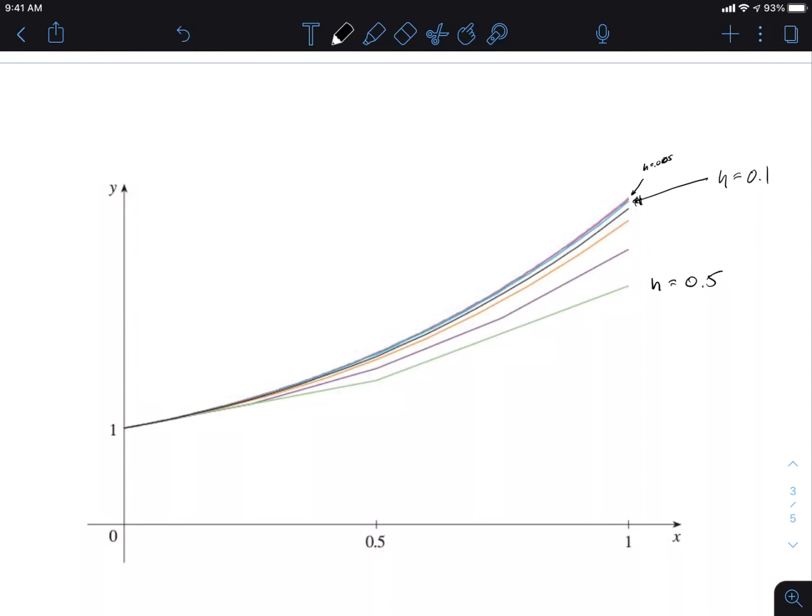Correct. So the smaller the step size, the better Euler's method will be at giving us approximate values that are very close to the actual function's values. So we can use Euler's method for approximations. Does that make sense? Yes.